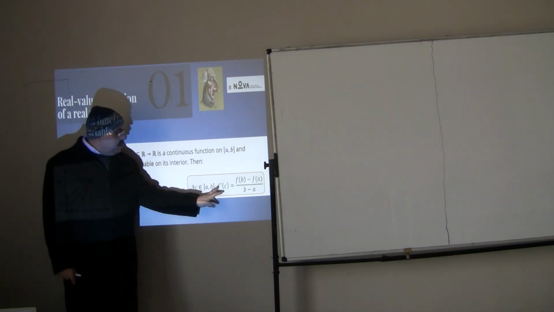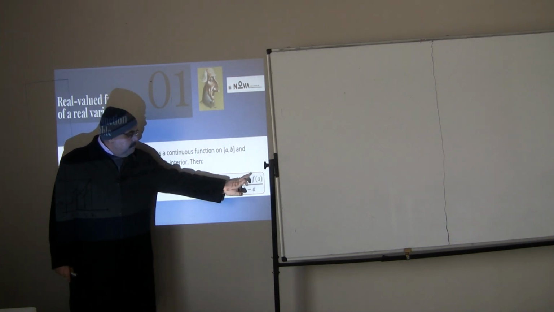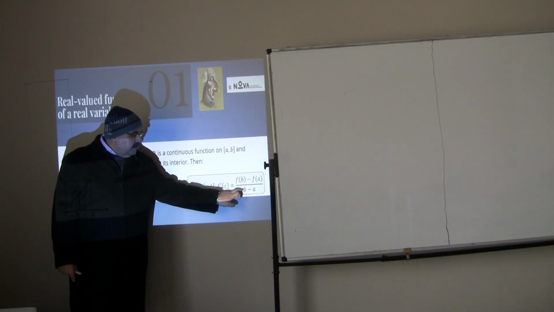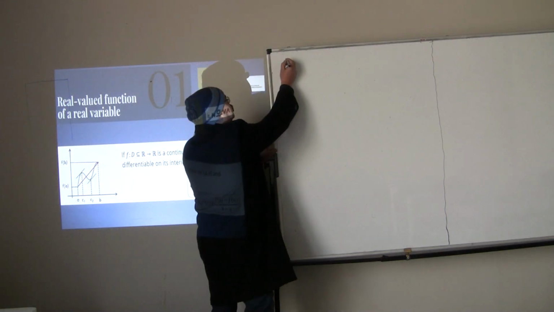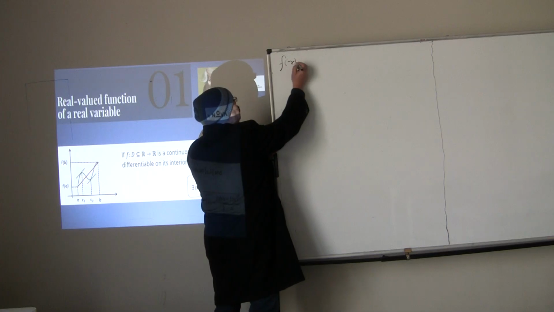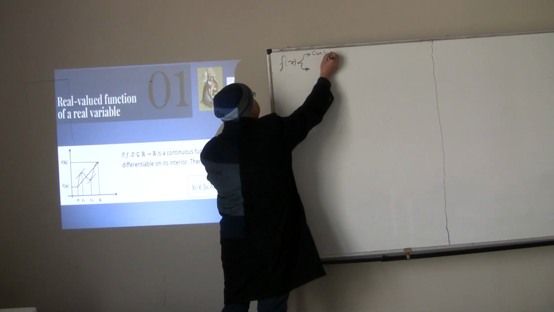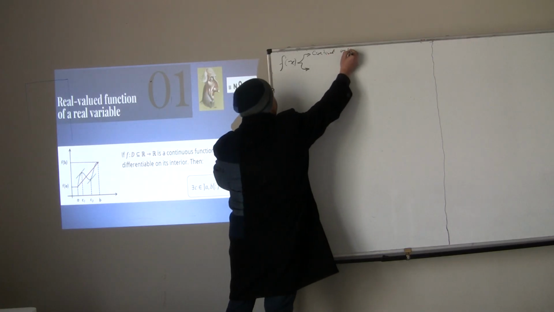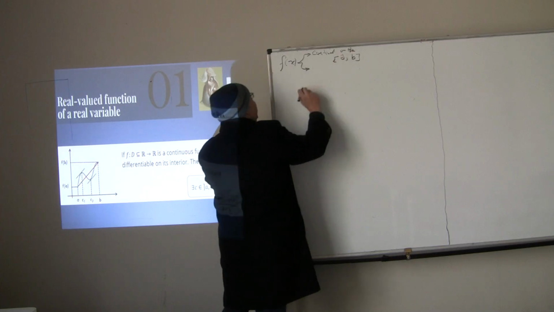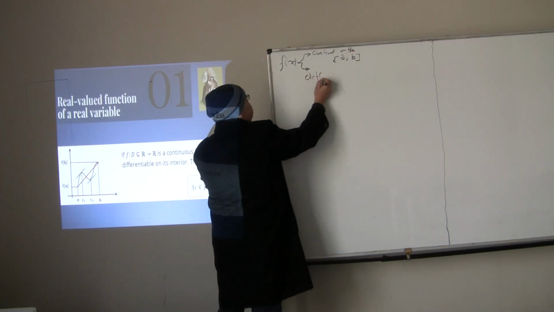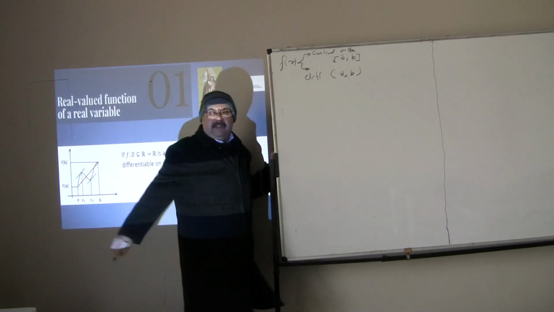So the direct application is f dash C equals f of B minus f of A over B minus A. Once more, for any function f of x, which is supposed to have just two conditions, it is continuous on the interval of the domain A and B, and also differentiable within the interior of this interval.